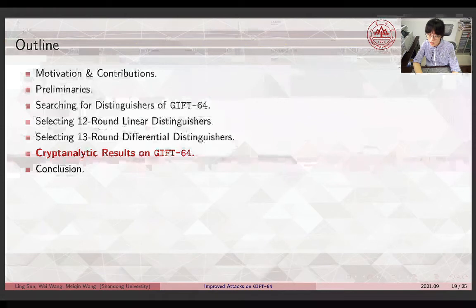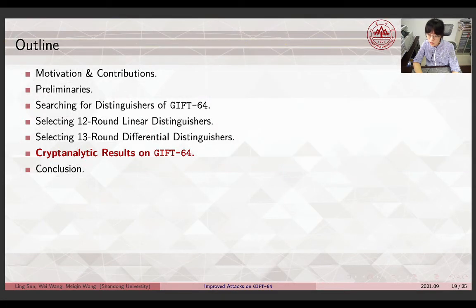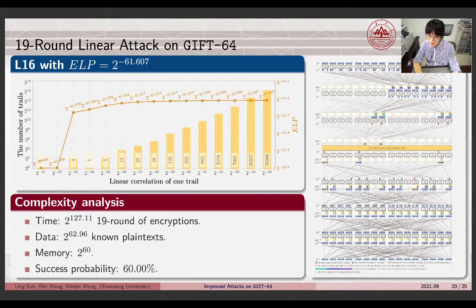Now we look at the cryptanalytic results with the newly identified distinguishers. To improve the accuracy of the ELP of the distinguisher, we apply the set solver to exhaustively search for all trios with correlations larger than 2^-46.